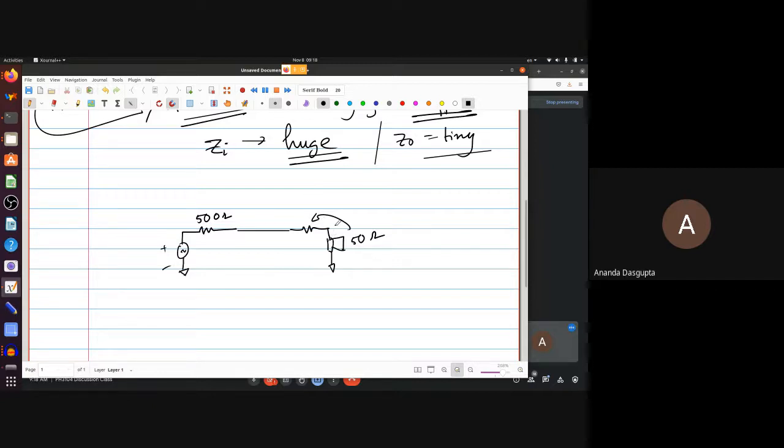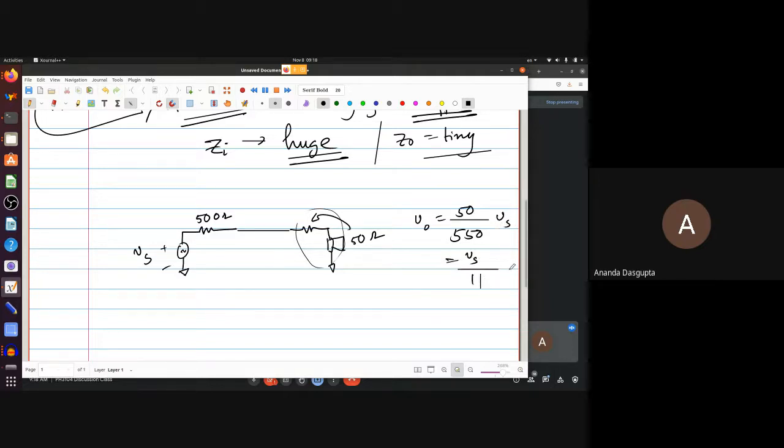Although I've shown it as separate from the speaker, this really is inside the speaker. So now, whatever signal you have, the voltage across the speaker will simply be 50 by 550 times Vs.